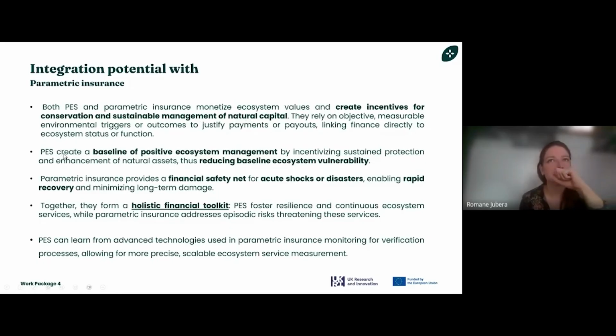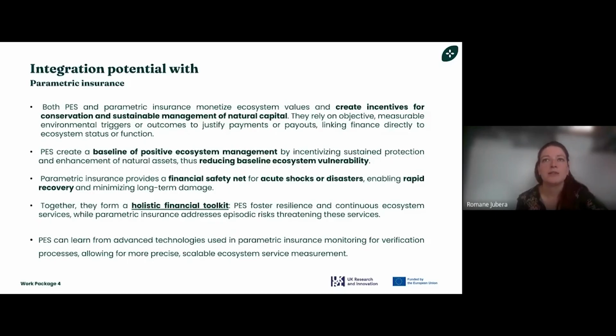But what we see is that PES create more of a baseline of positive ecosystem management, incentivize sustained protection and enhancement of natural assets, reducing ecosystem vulnerability in the long run, while parametric insurance provides more of a financial safety net for acute shocks or disasters, enabling rapid recovery of ecosystems after damage and minimizing long-term damage.